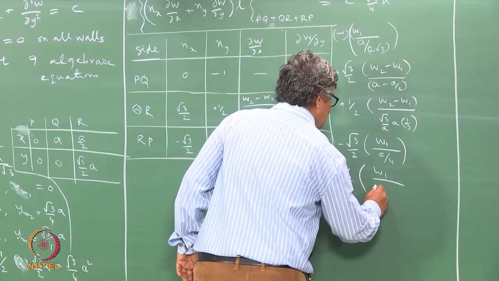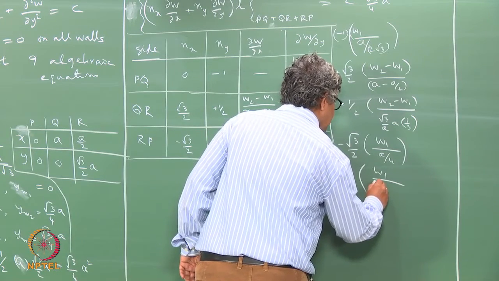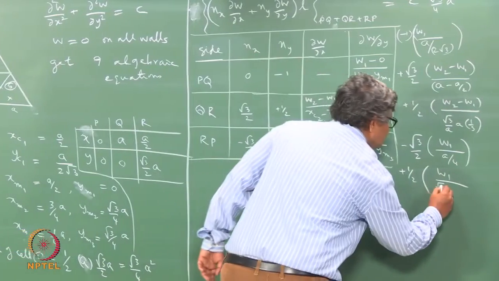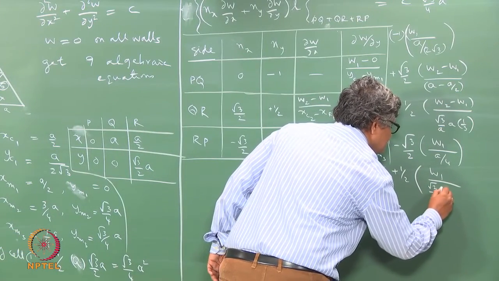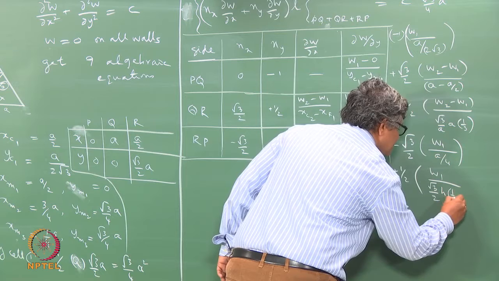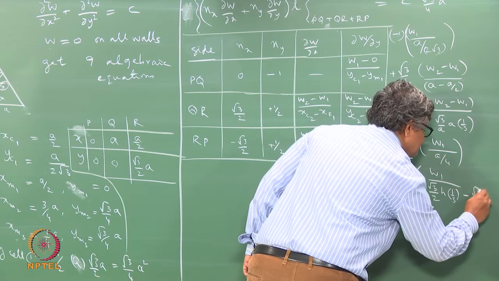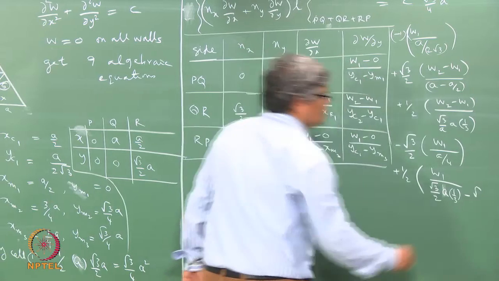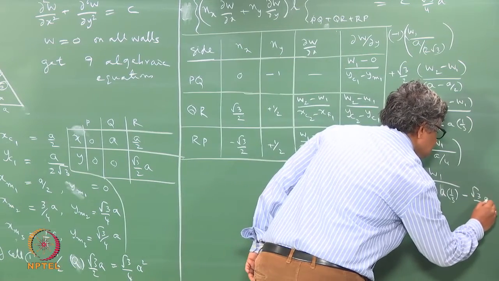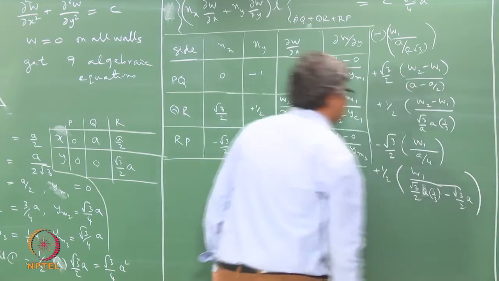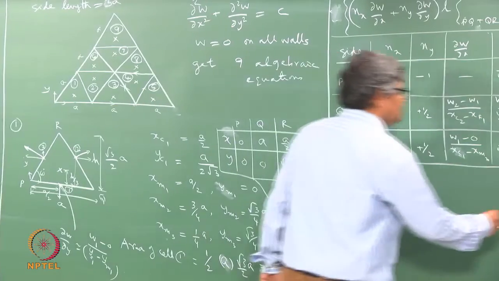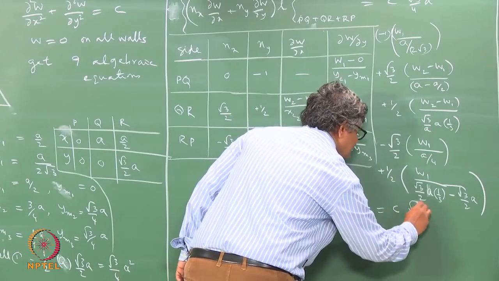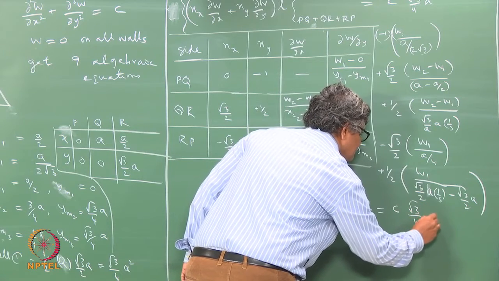So, this is 1 by h times 1 by 3 minus, and this whole thing here is equal to constant times the area, which is 3 by 4 a square.